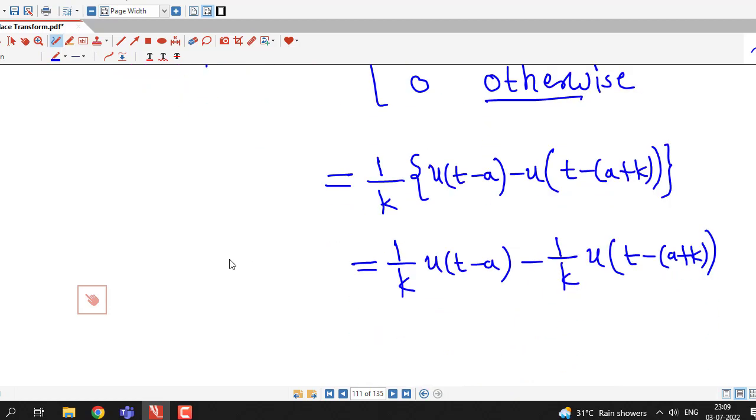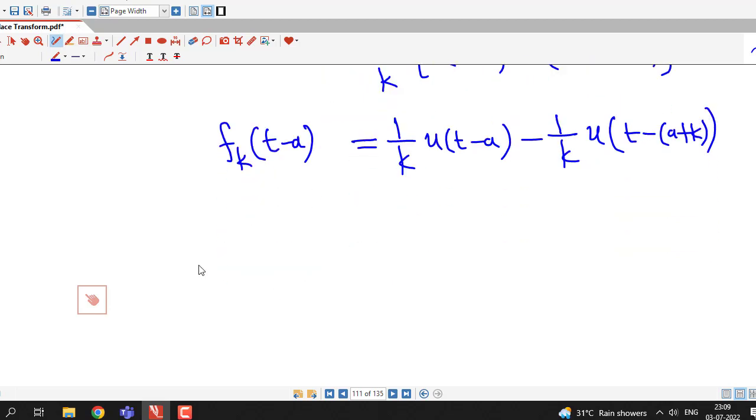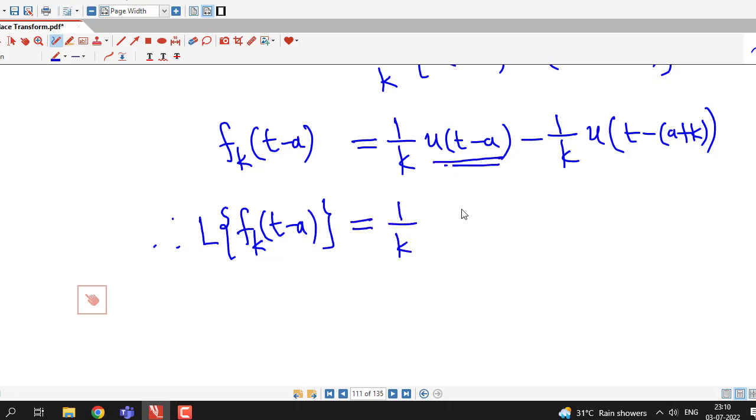So we have first expressed this function f of t minus a in terms of unit step functions, and now we take the Laplace transform on both sides. Laplace transform of f of t minus a equals 1 by k, which is constant, times the Laplace transform of the unit step function, given by e raised to minus as divided by s.